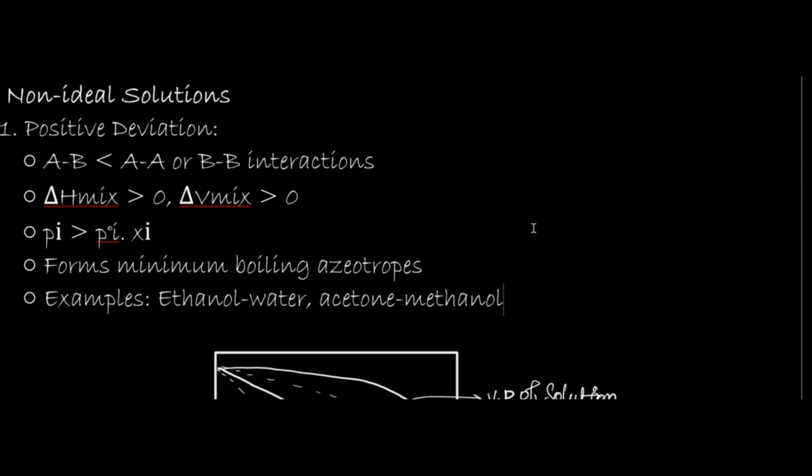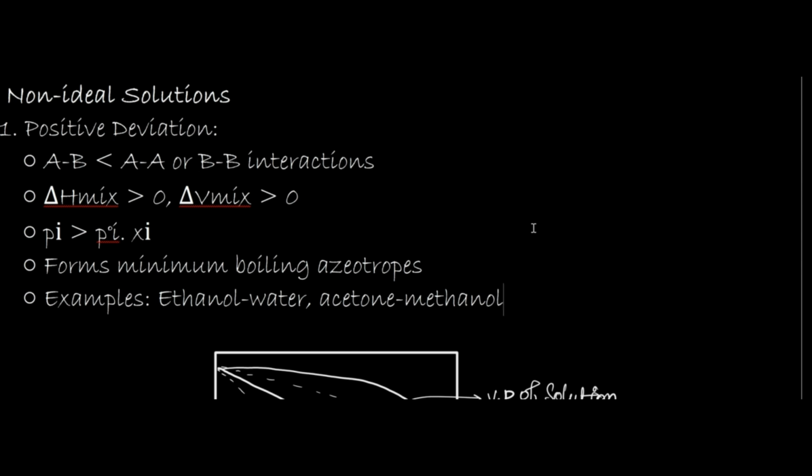Here I just took two examples, acetone in methanol. The interaction between acetone and methanol is less compared to acetone and acetone molecules, and methanol and methanol molecules. Delta H mixing is greater than 0, and delta V mixing is also greater than 0, but in case of ideal, that is equal to 0, right?